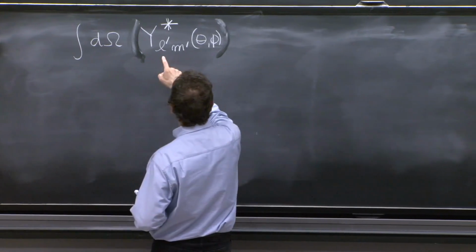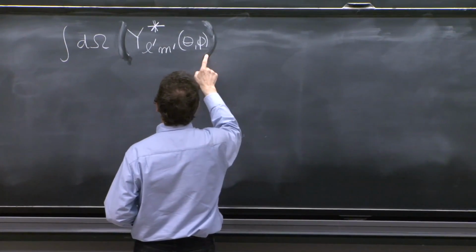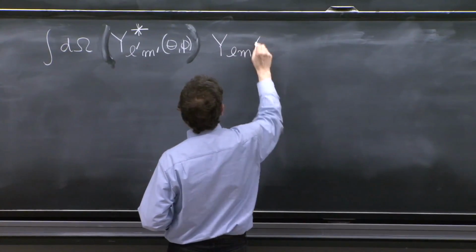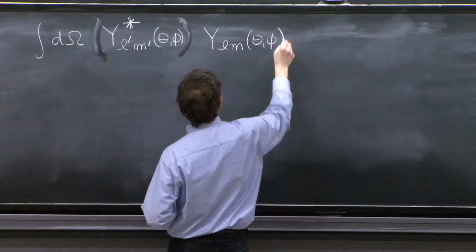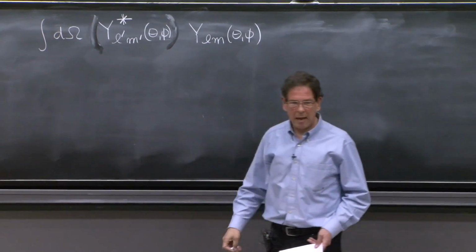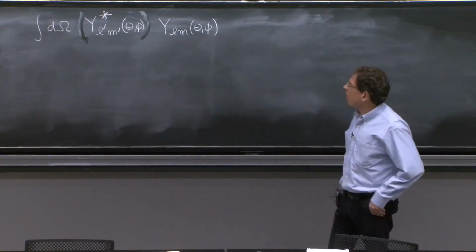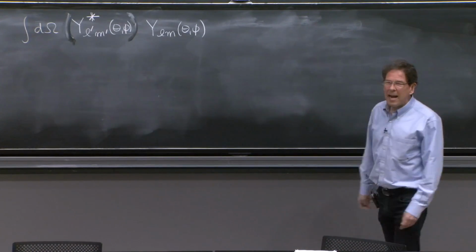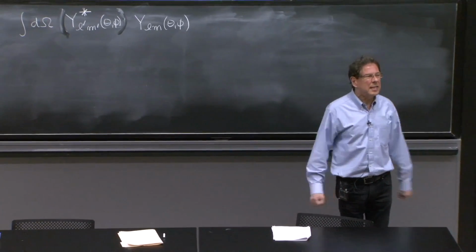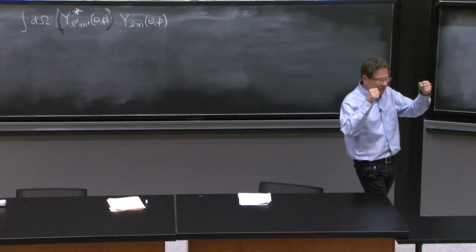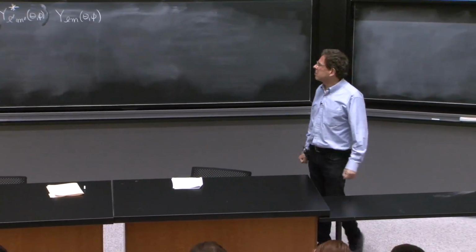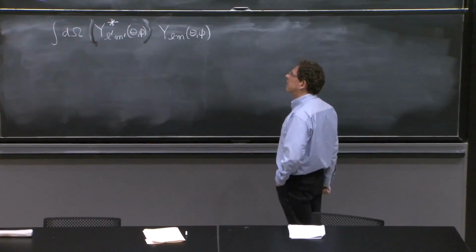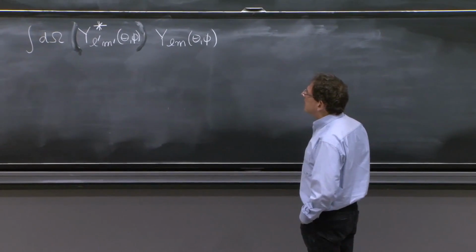Remember, in an inner product, one wave function goes complex conjugate. The other wave function is not complex conjugate. There are different ones because L and M and L prime and M prime could be different. So orthogonality is guaranteed. Two different ones with different L's and different M's should give you zero for this integral.